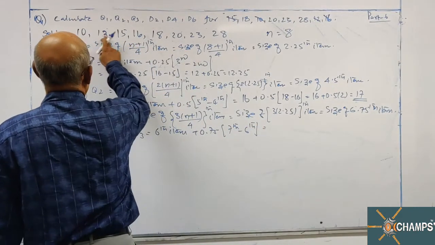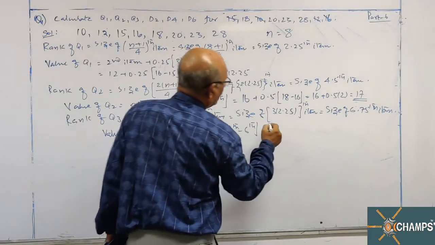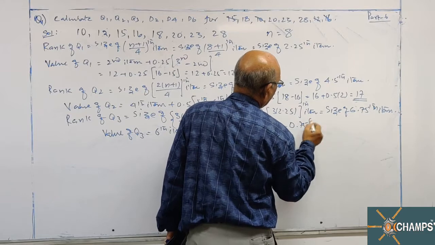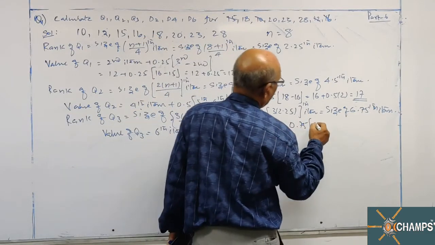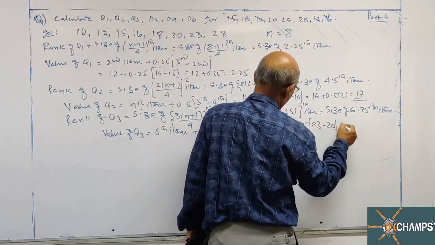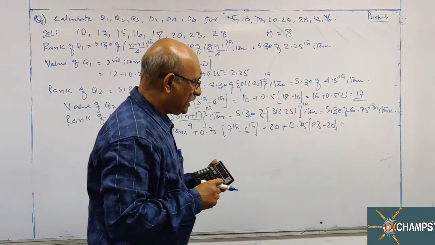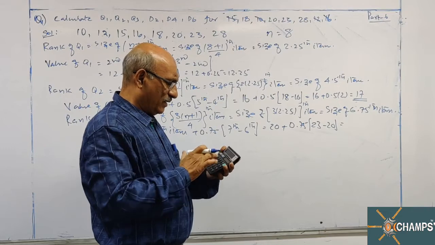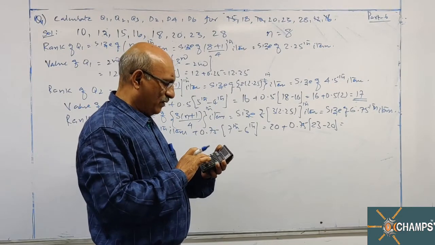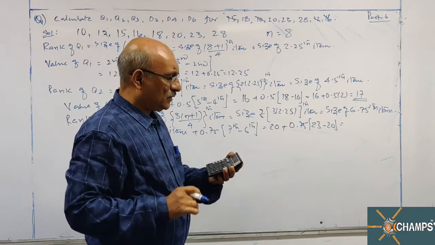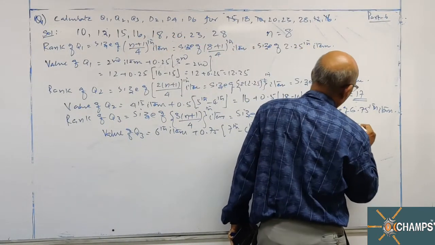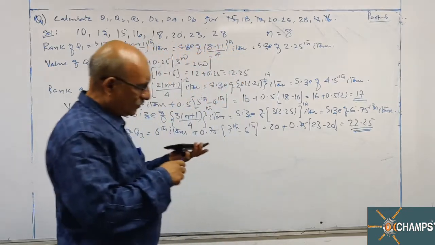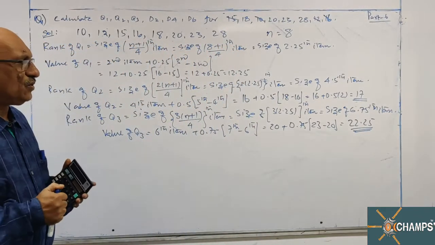Sixth item is 20 plus 0.75 into (23 minus 20). 23 minus 20 means 3. 3 into 0.75, 2.25 plus 20. This is 22.25. This is the value of Q3.